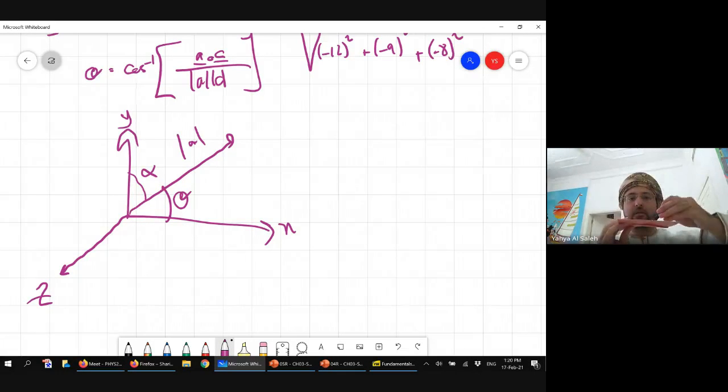But I still haven't decided exactly where my vector is. So I need to give another angle. It is not only that it is 40 degrees from the x-axis, it is also some number of degrees from the y-axis or from the z-axis. So I fix it at one place in 3D, not in a full circle.